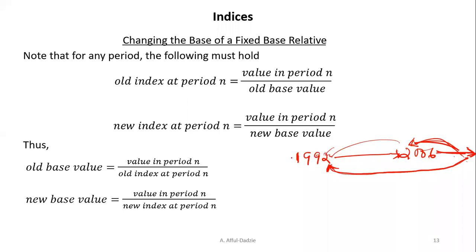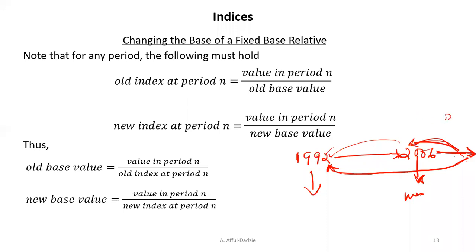Let's call the very previous base period the old period, and let's call the most current one the new index. Let's say we were using 92, then we changed to 2006. So 92 is our old base period, and 2006 will be the base for the new index.